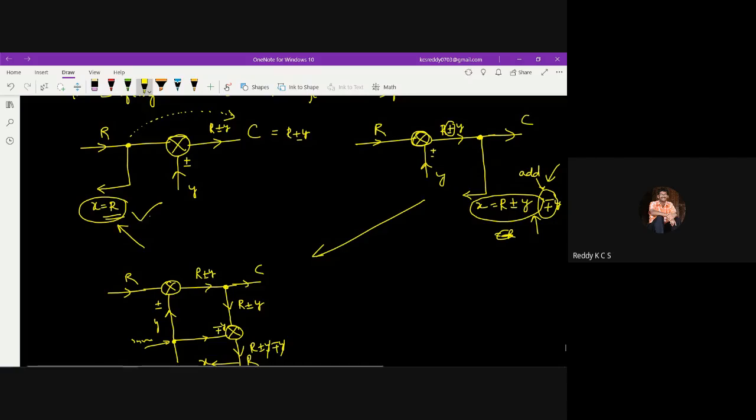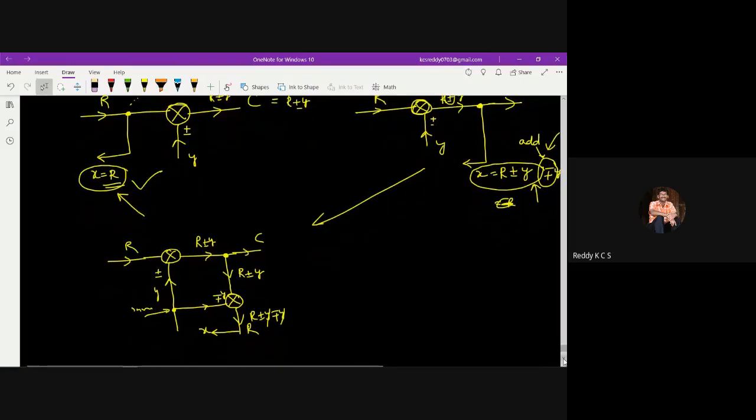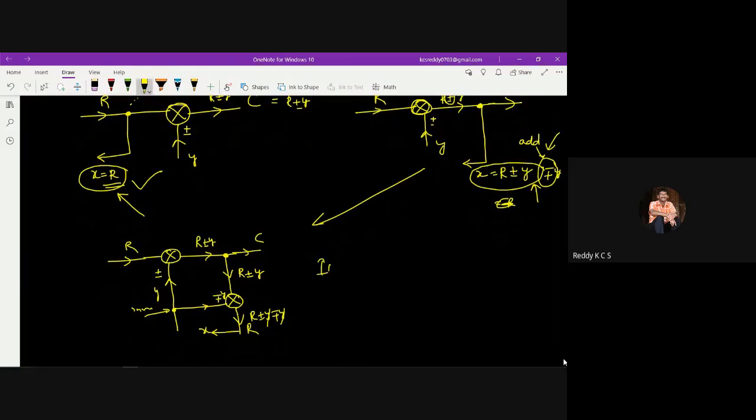What we can infer from this is that when I'm trying to reduce my block diagram, it is increasing the complexity of the block diagram, because it is introducing one more summing point. That is why I'm saying this is a critical rule.